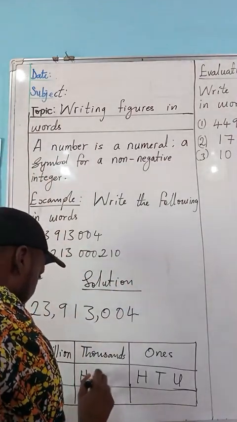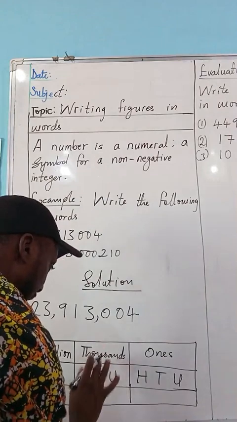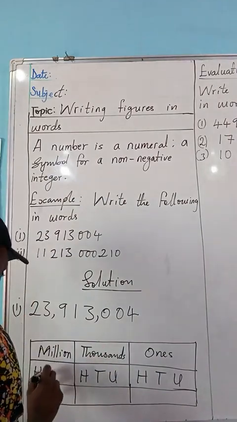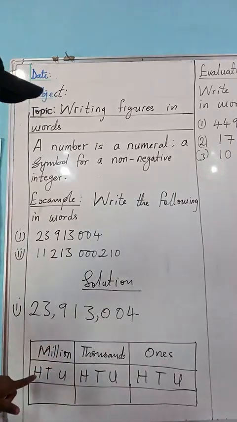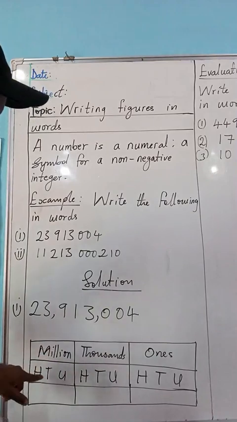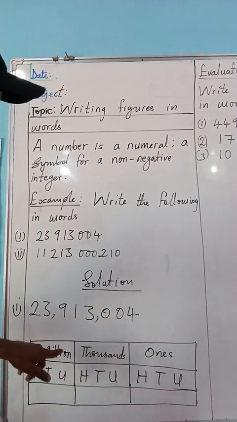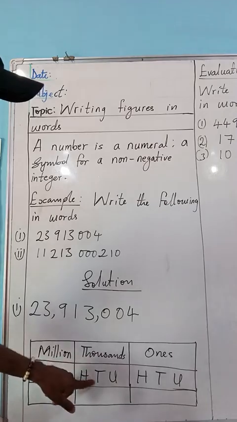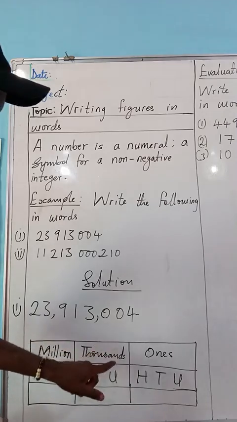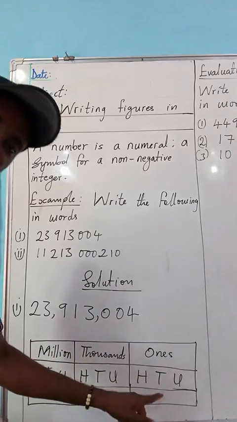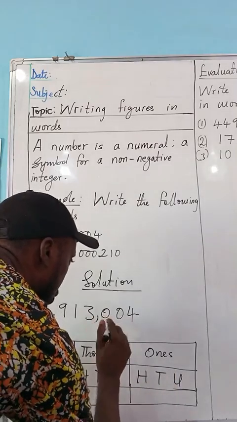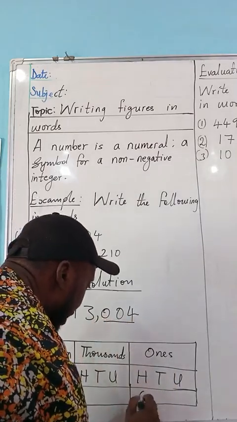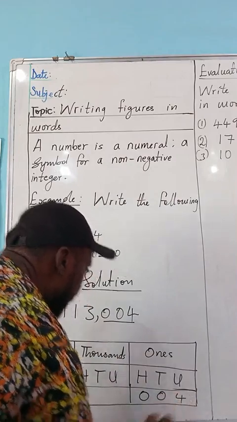Here we have hundreds, tens and units under thousand, and hundreds, tens and units under million. Which means, this one means hundreds of million, tens of million, units of million, hundreds of thousands, tens of thousand, units of thousand. Then this one is hundreds, tens, and units. Now, when you want to write, this group here will be 004.